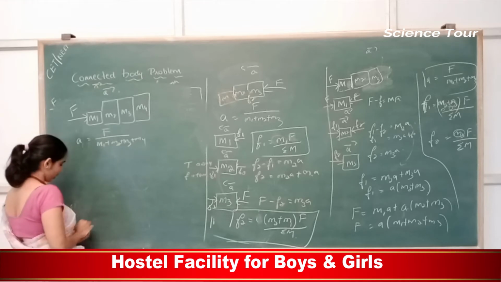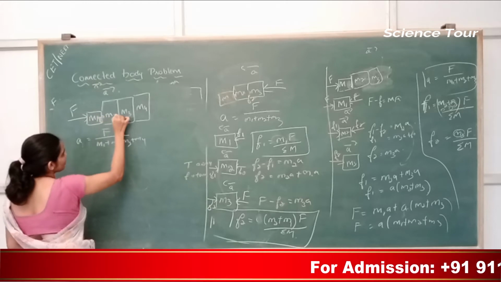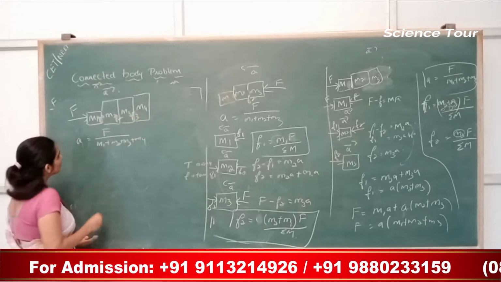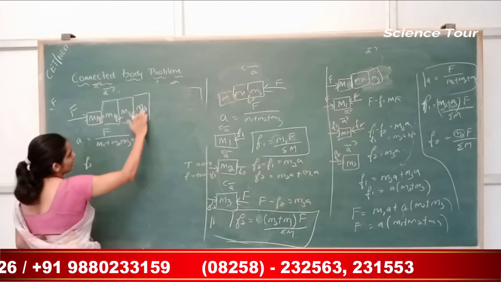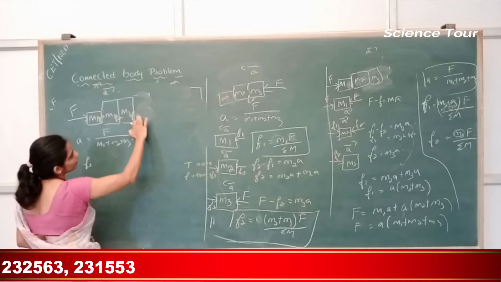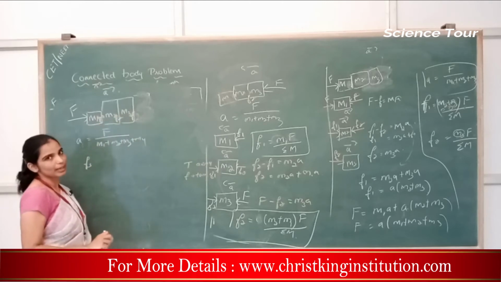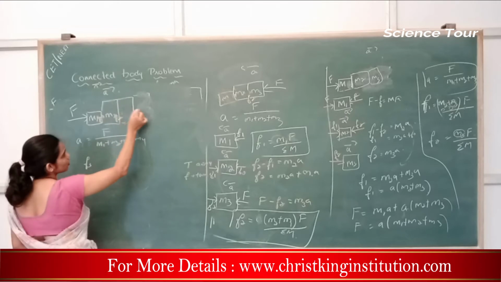Okay, let's call this F1. The contact force here is F1, contact force here is F2. This is F3. What is F3? We will come from the last. See, if M1 is not there, F3 won't be there. If M2 is not there, F3 will be there still, because M3 is not there, but it will be attached to here.